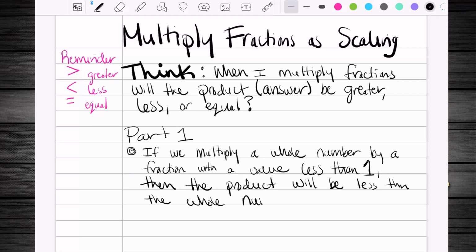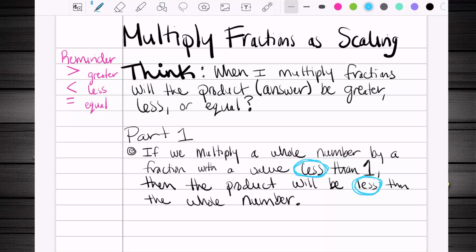So I'm going to circle the word less in blue, and then we're going to look at an example.